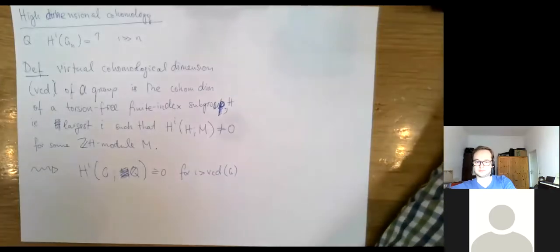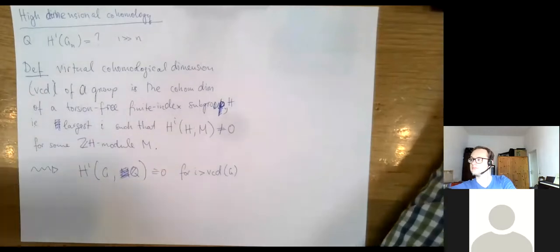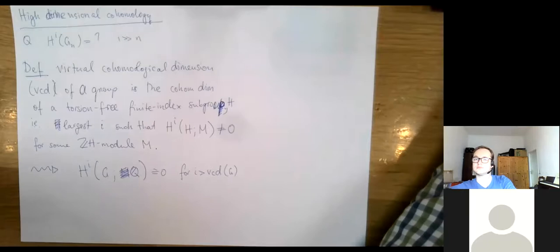What do we need to assume about the group so that this makes sense? We need a torsion-free finite index subgroup, and maybe it doesn't exist.